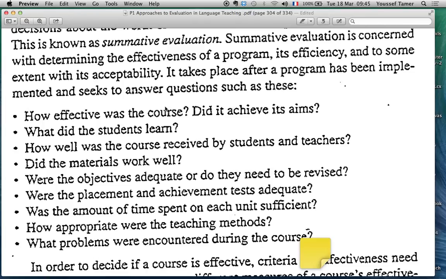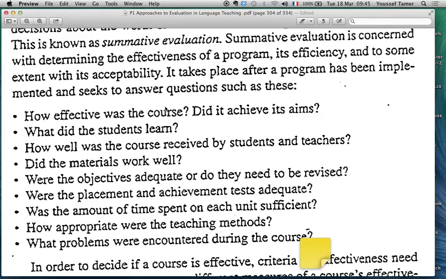Now, kinds of questions to be raised in there. How effective was the course? Did it achieve its aims? What did the students learn? How well was the course received by students and teachers? Did the materials work well?